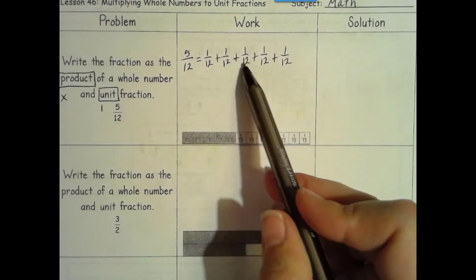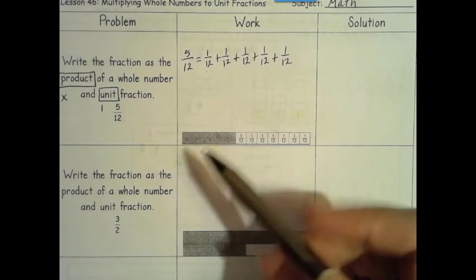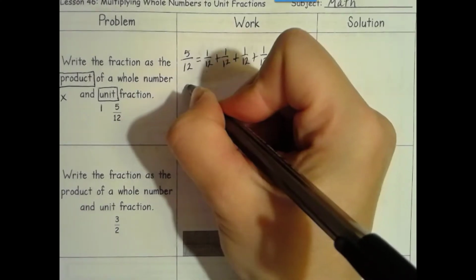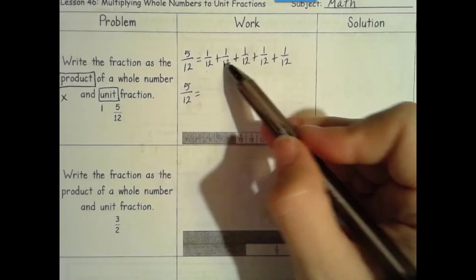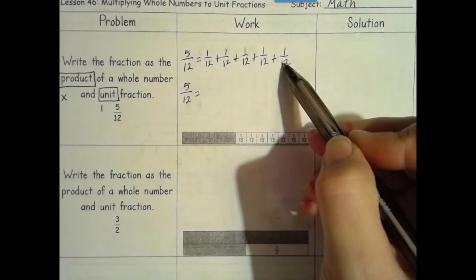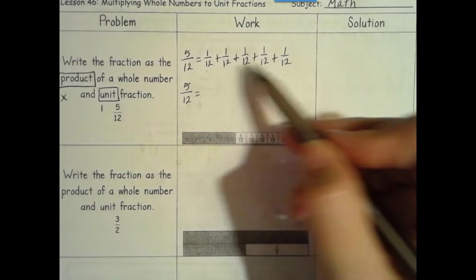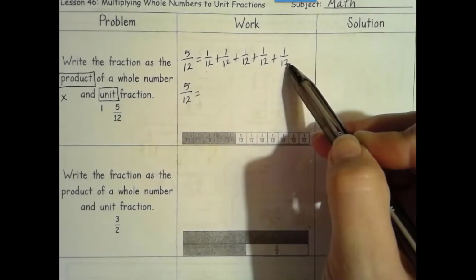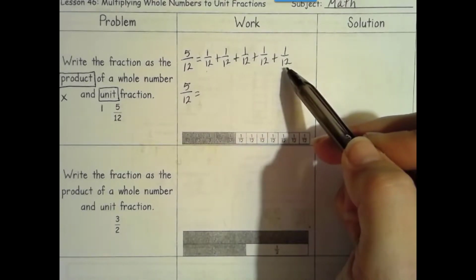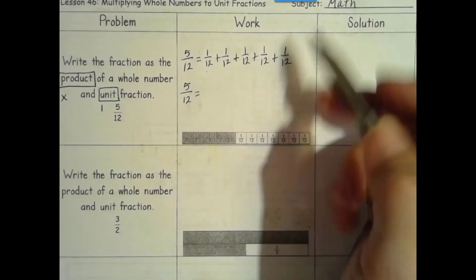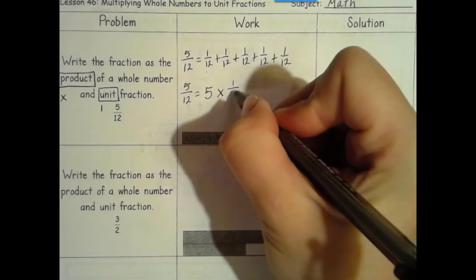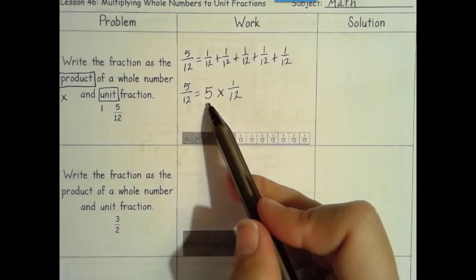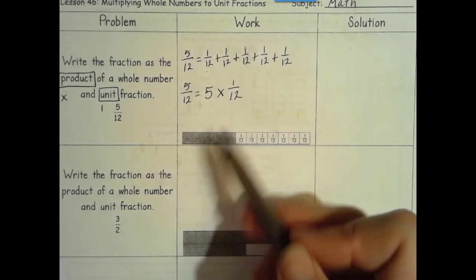Are these all the same? Yes, they are. So 5/12 can be written as 1, 2, 3, 4, 5. I'm joining together 5 of the same amount. It's repeated addition. So I could also say that I'm doing 5 groups of 1/12, or 5 times 1/12.